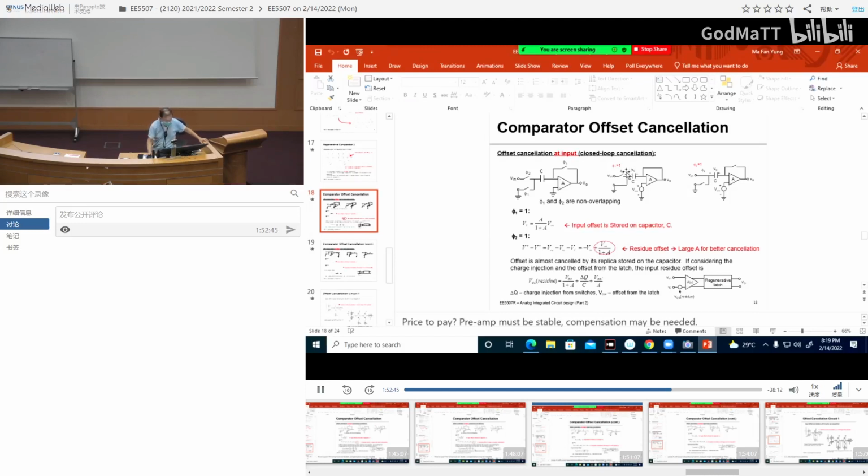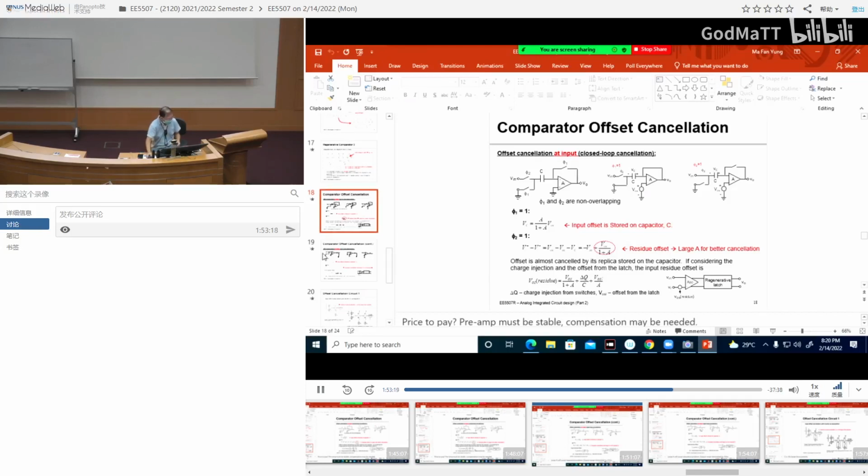Now, before I do the comparison, I have to open this switch. This switch was closed when I was storing, and now I have to open it. When I open, this is where the charge is injected. So when I open and charge is injected, that means I change the stored VC a little bit.